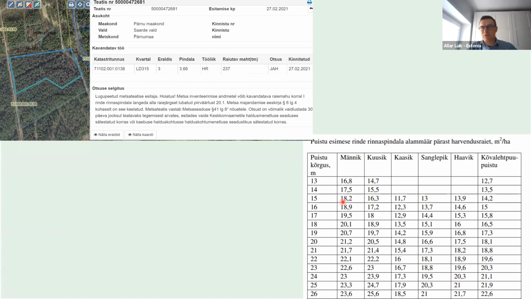So if the basal area before was, let's say, 25, then you can cut it down to 18.2. If you cut it lower, then you might get some fines or something like this. So this is an important part to consider when people do thinning.